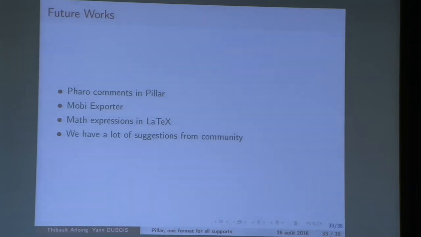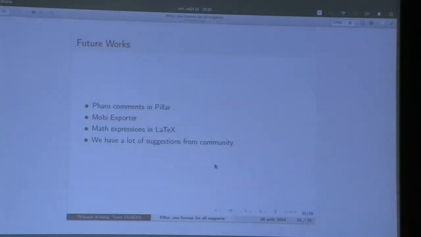So with a better font, better visualization of the comments, I think people will be happier to read them. There is already a prototype of that, and we have to work again on this. We would like to have a Mobi exporter for e-readers, but we already have EPUB, but EPUB is not compatible with all e-readers, so we want to have a Mobi exporter.